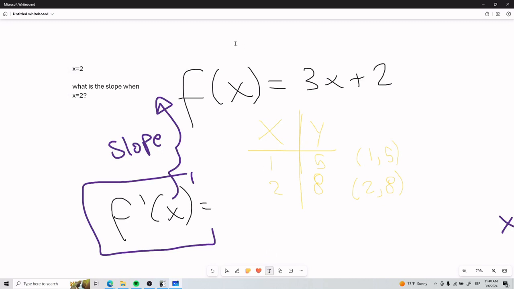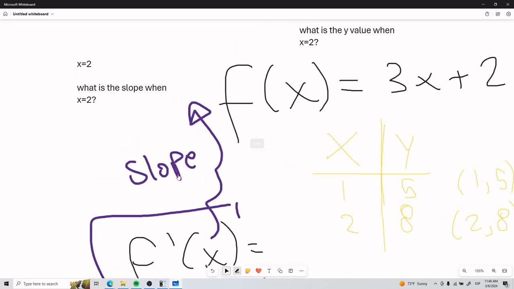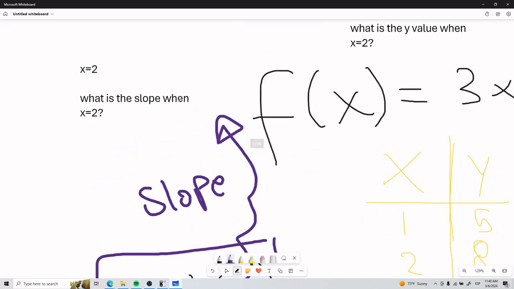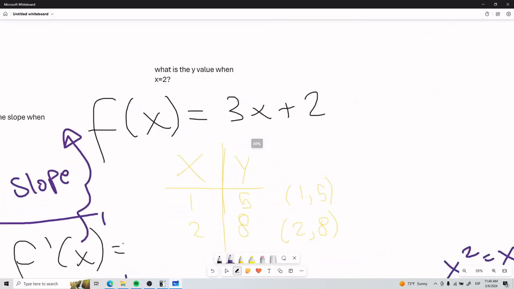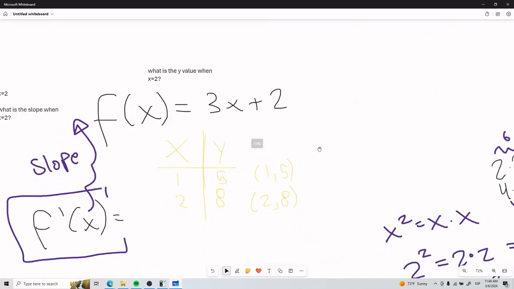Before, you were asking, what is the y value when x equals 2? So very different things. The moment you do the derivative, it helps you find slope. If you plug in anything for x, you're asking the function, what is the slope at this value of x? On the other hand, you're finding the value of y when you plug in an x.